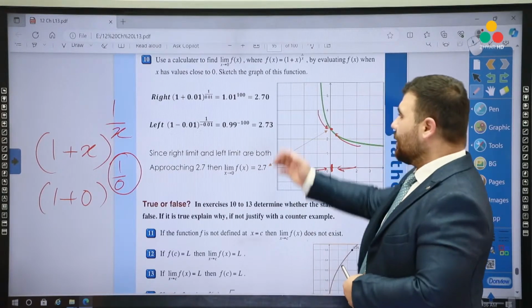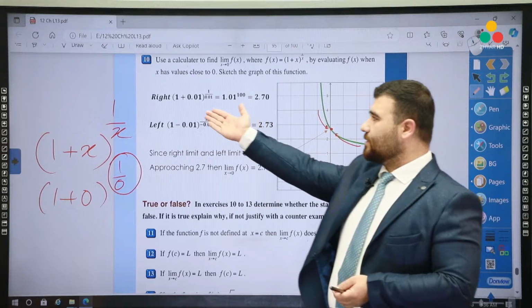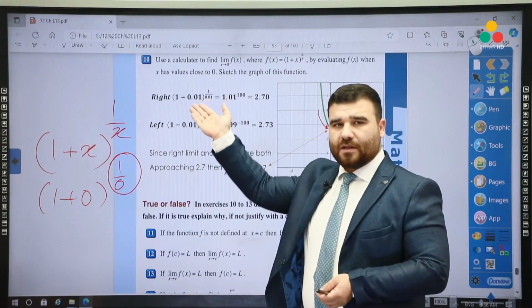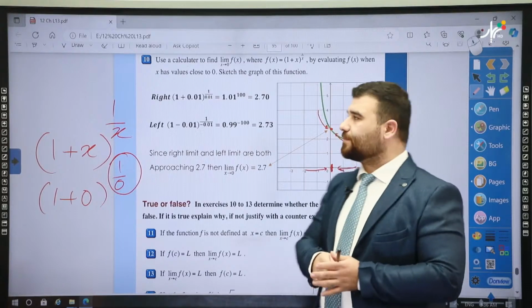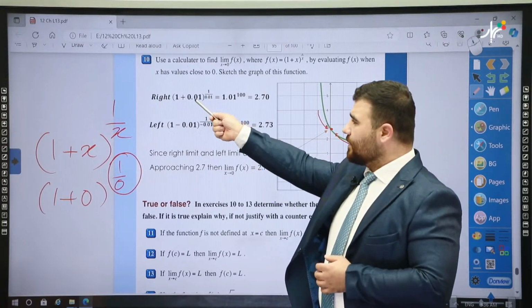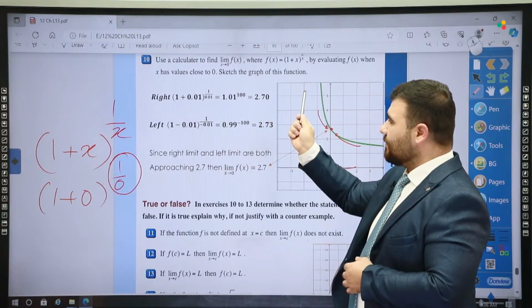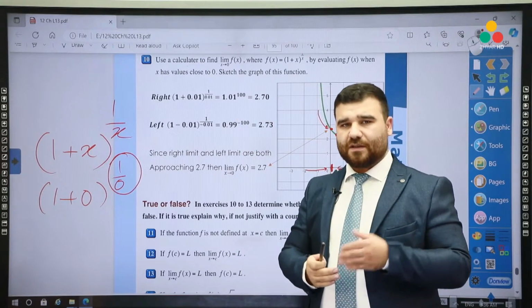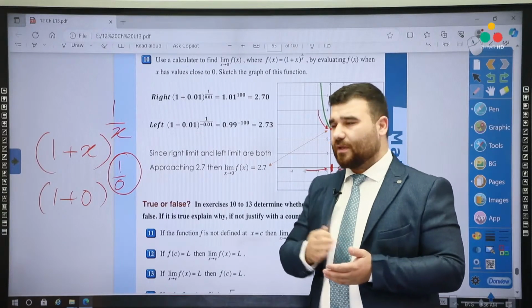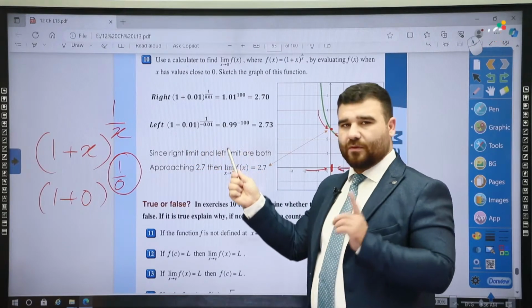And for the result, on the right side of 0, let's choose something too close to 0, 0.01. This number is on the right side of 0, and it's too close to 0. When I write this in place of x, using a calculator, the result will be 2.7. And on the left side of 0, I'm going to choose another number that's too close to 0 and negative, negative 0.01.